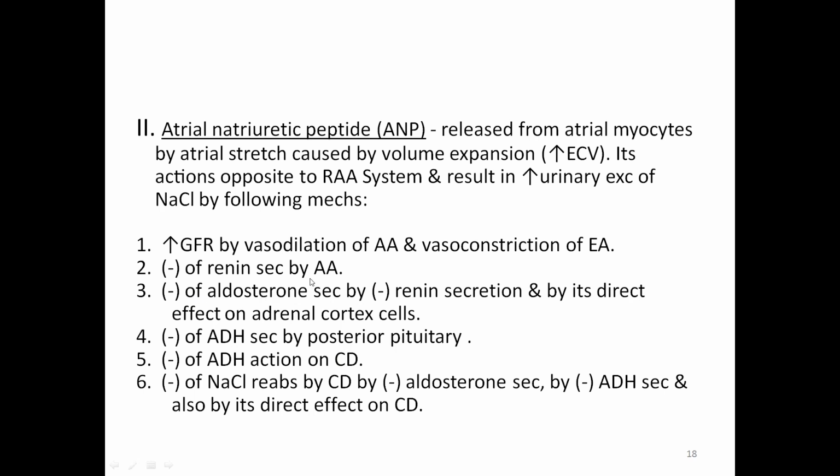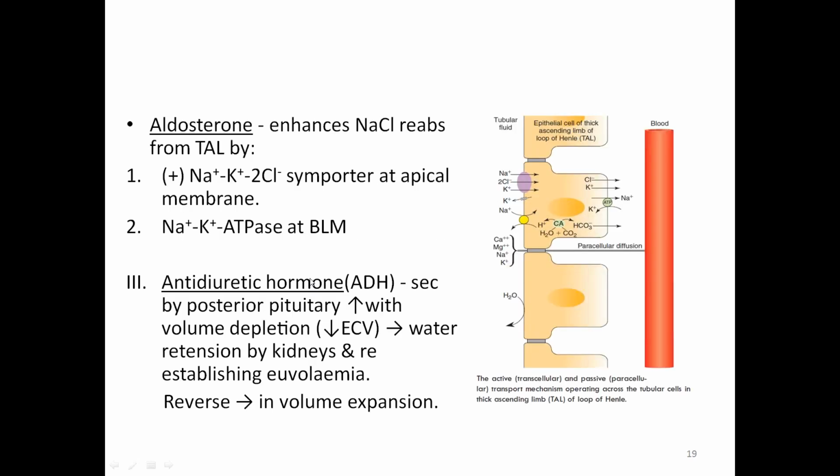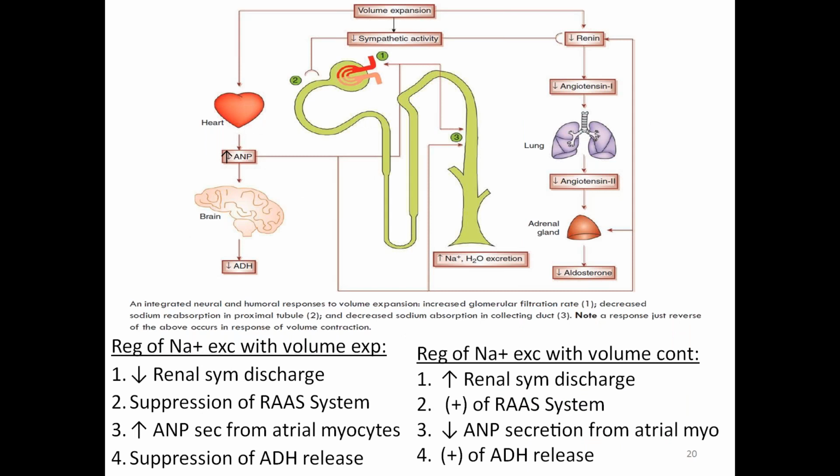Even the aldosterone secretion is being inhibited. So it has a collectively inhibitory effect on most of the systems other than increasing GFR. So the renal response to this entire system is what? As I said, increased GFR will be there.